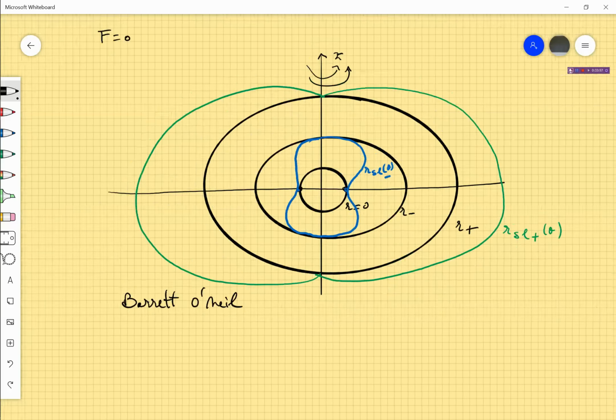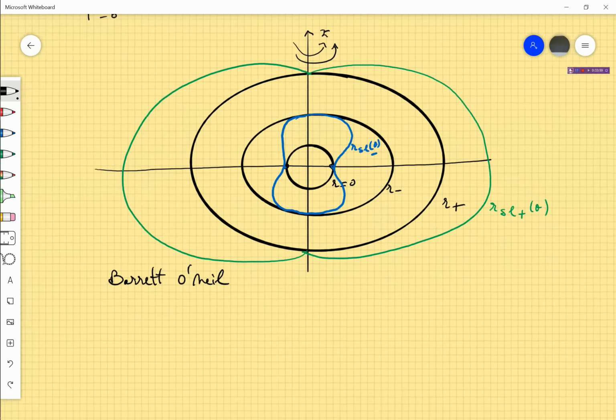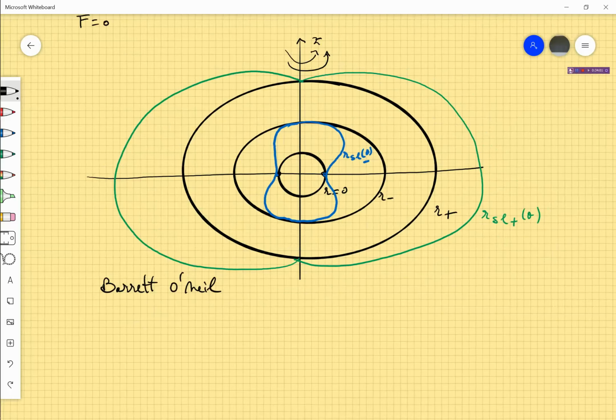Another property that you can also find in this book is that when you are inside R minus, so in that whole region here, if you take any two events, P and Q, there will always be a future pointing time-like curve going from P to Q, no matter what P and Q are.